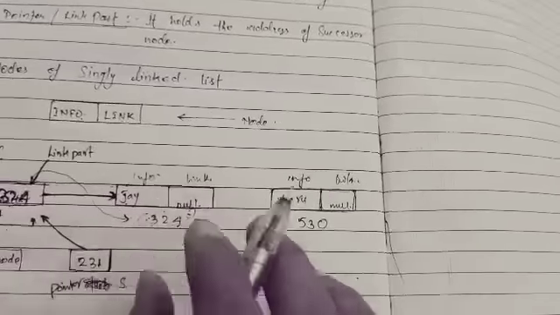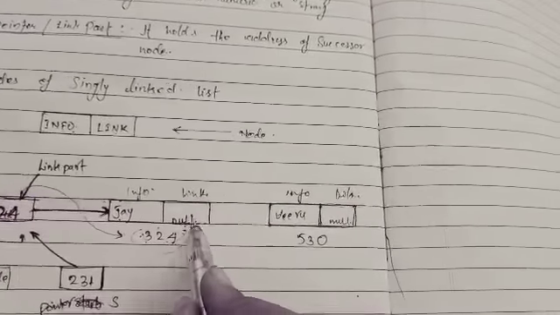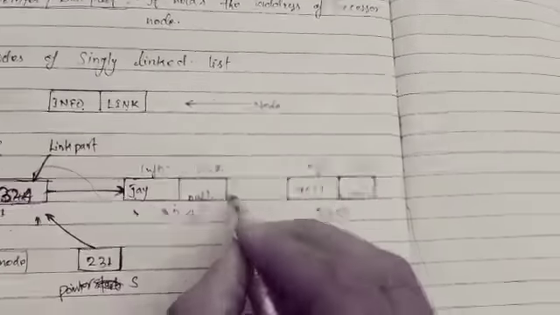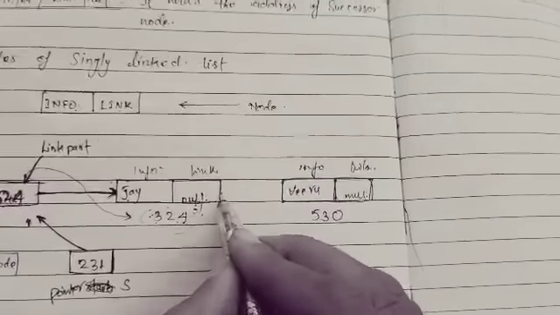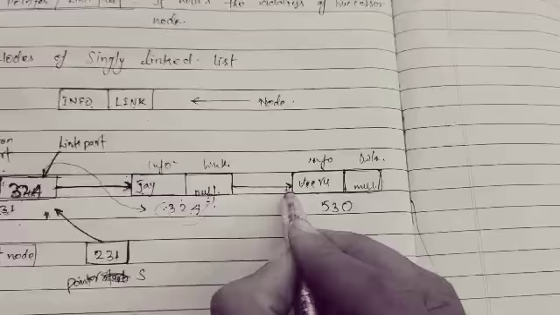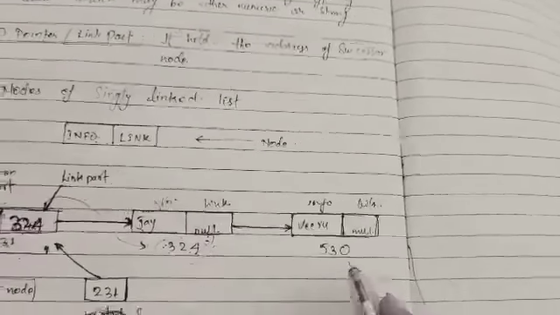But if there are two nodes, three nodes, more than one node, and the link part is a null value, it's not possible.